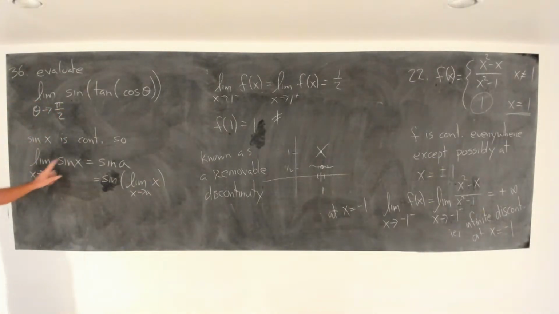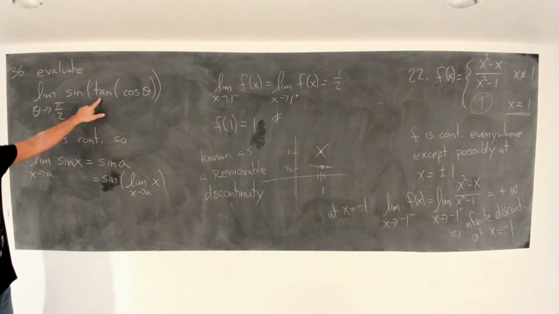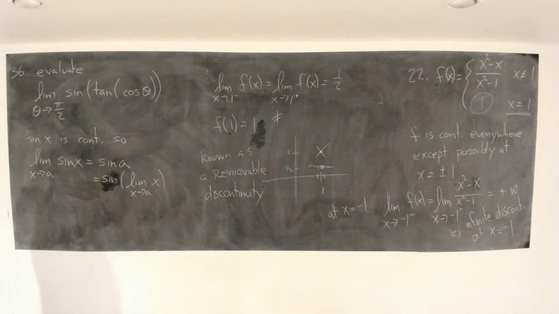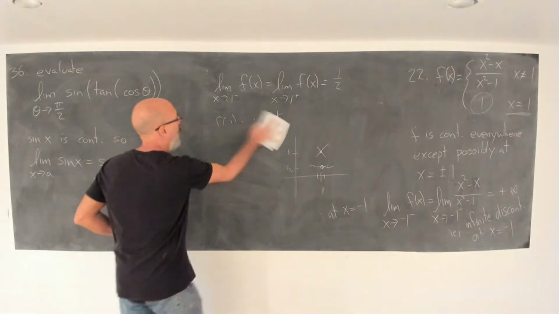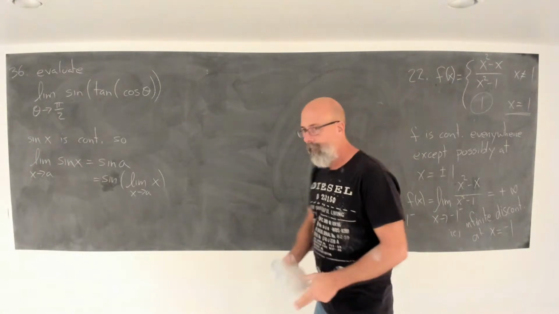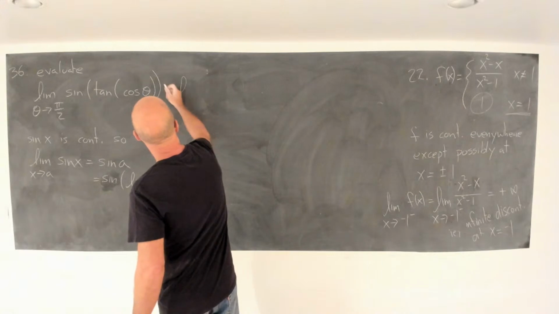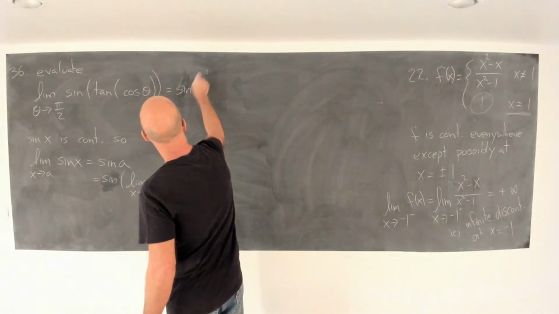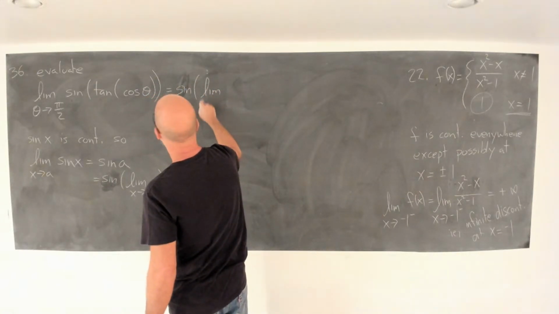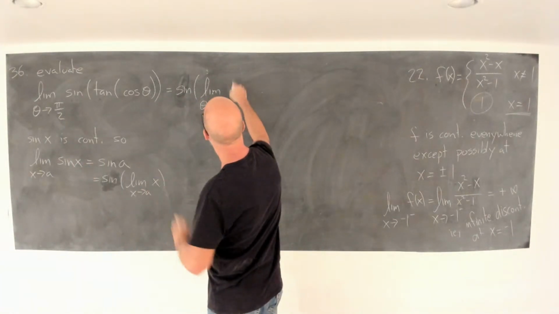In other words, you can bring the limit inside. So this is going to be sine of the limit because sine is continuous everywhere.